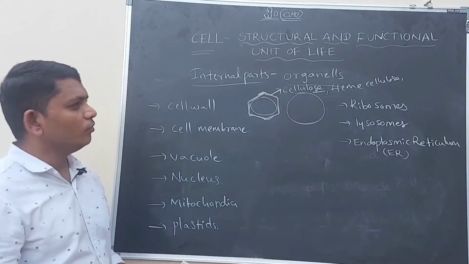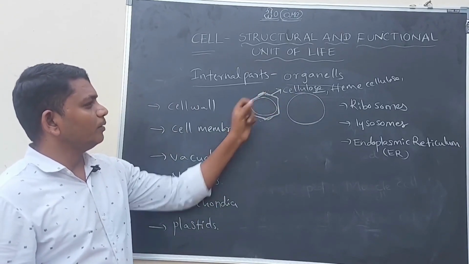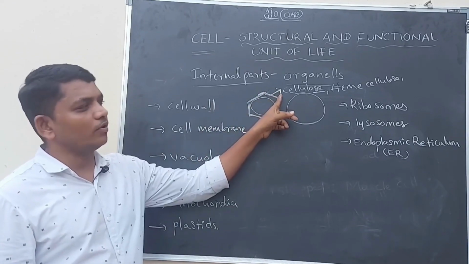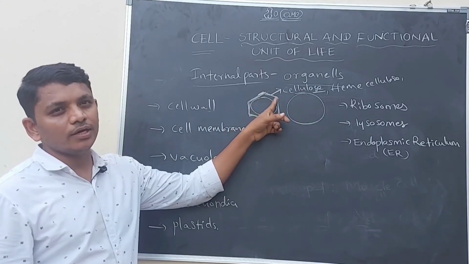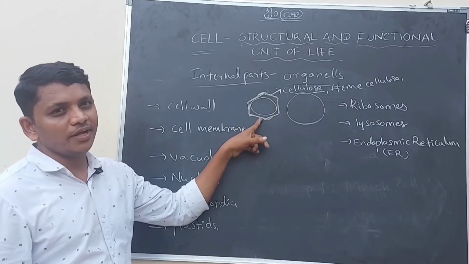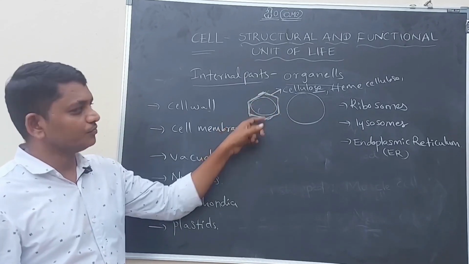Here we discussed two things about the outer membrane of the plant cell. This is called as cell wall, which is made up of cellulose and hemicellulose. This is non-living cellular organelle, which provides strength and the security to the internal parts of the cell.